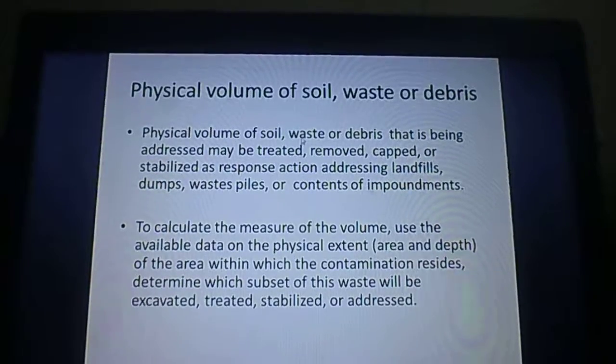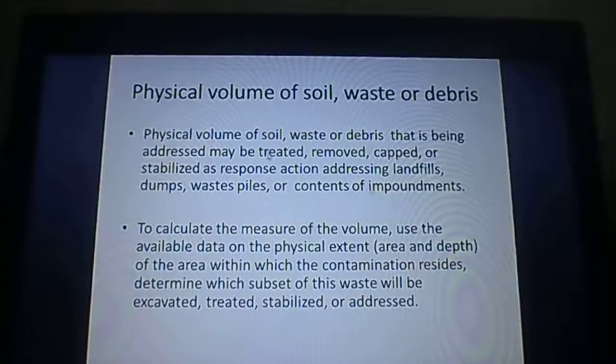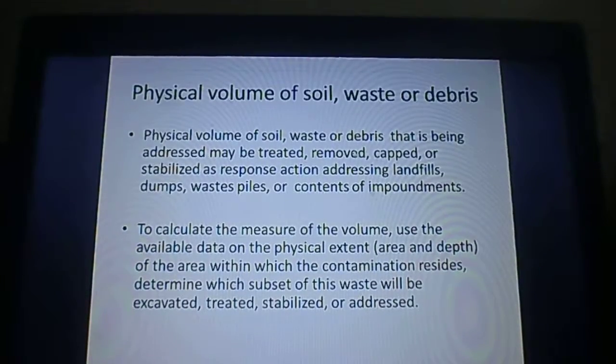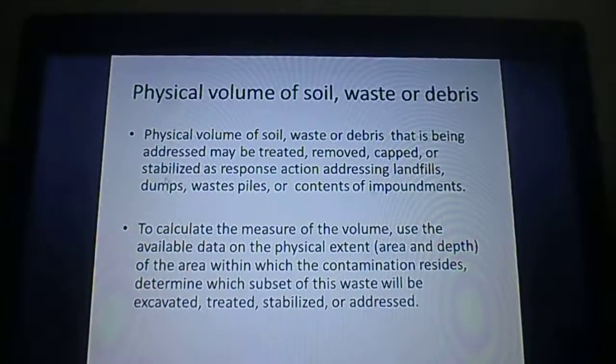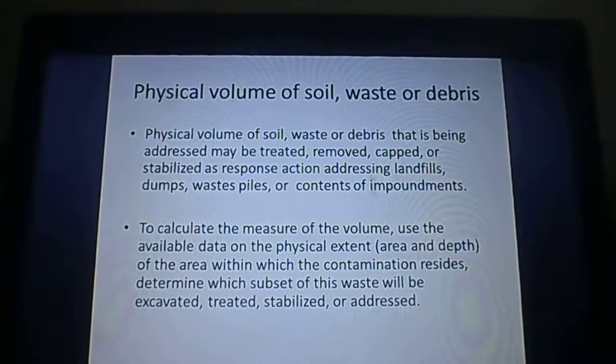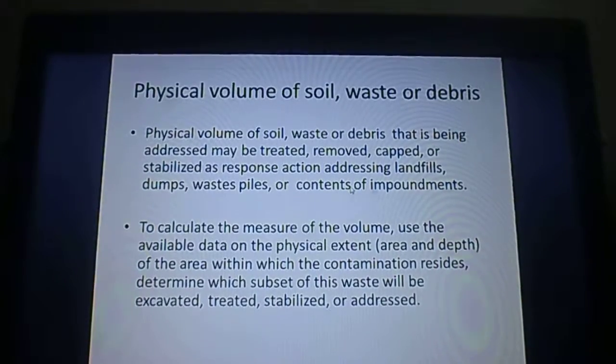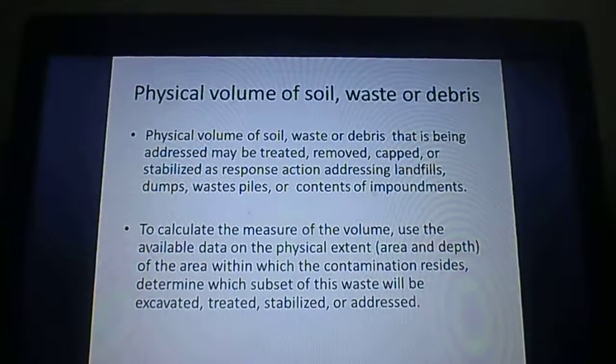Physical volume of soil, waste, or debris that is being addressed may be treated, removed, capped, or stabilized as a response action addressing landfills, dumps, waste piles, or contents of impoundments.